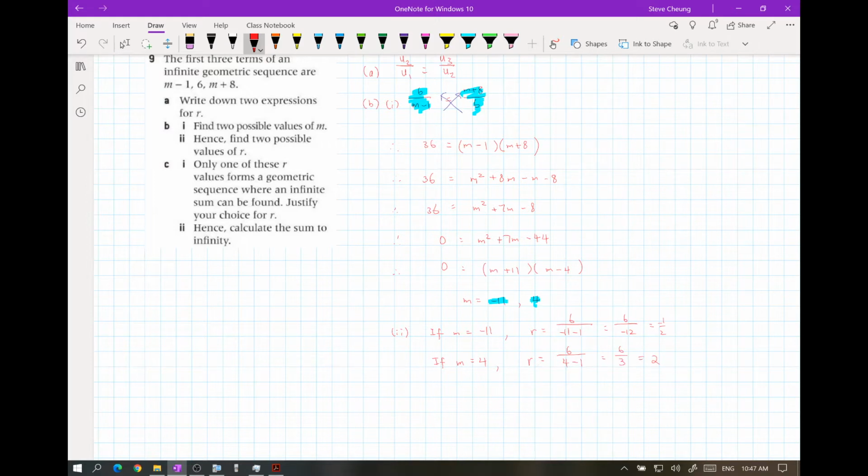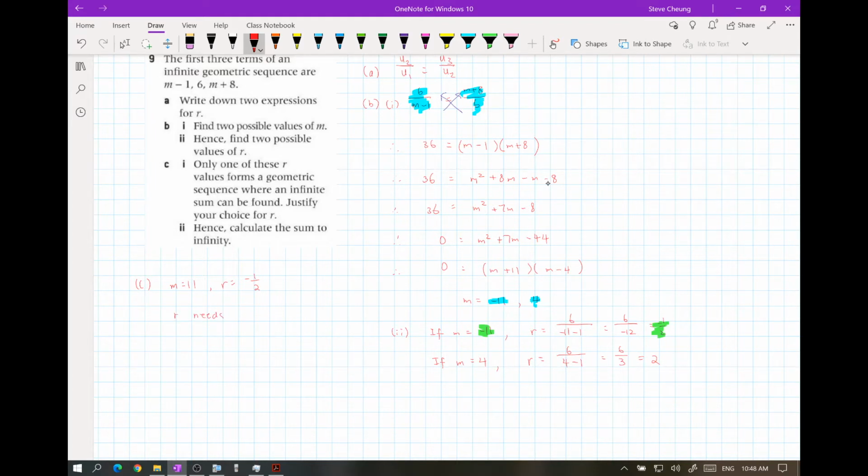So which one of these is between -1 and 1 is the first one. So therefore, we want m to be minus 11. So therefore, for C, this is the case where m equals minus 11, R equals -1/2. Oh, it says justify. So we justify R.